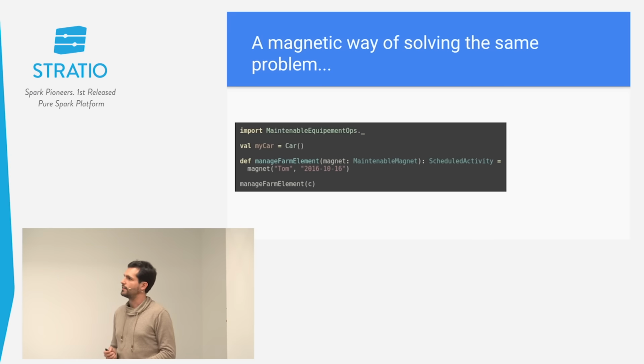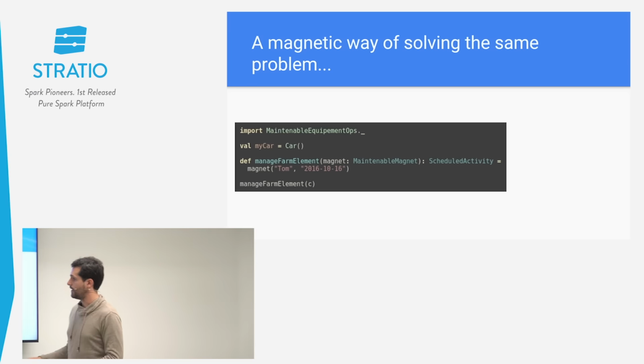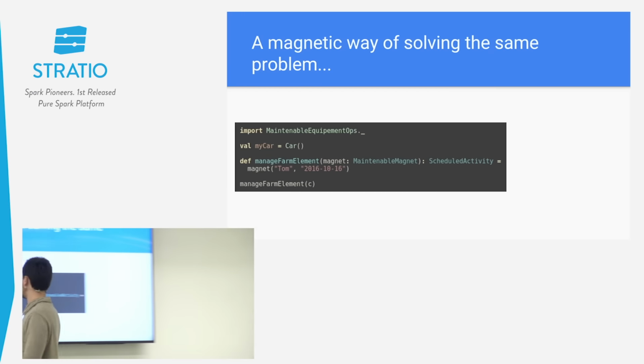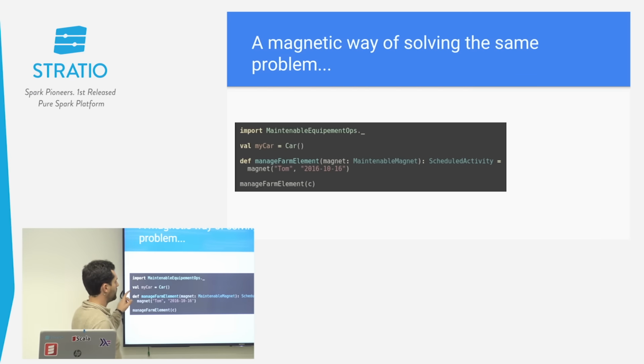And this is an example of use. So we create a method receiving a magnet. And instead, we have a car. Instead of applying the conversion, we just pass car to the method expecting a magnet, and the compiler will perform the conversion.